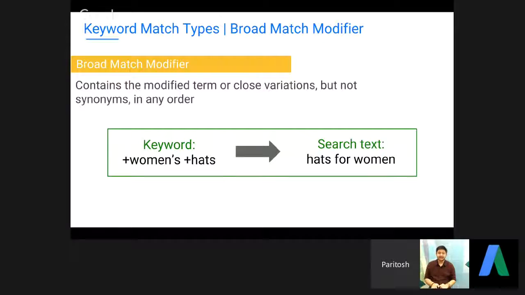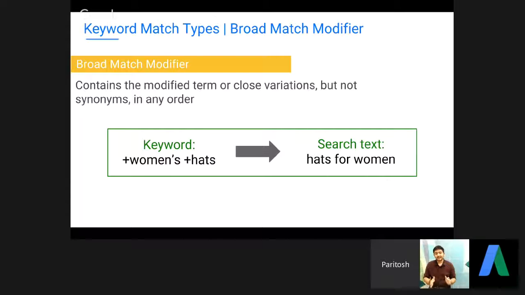Now, how it triggers is, if I have a broad match keyword which says women's hats, the ad will trigger as long as there are things like women's hats or ladies' hats, etc. But in a broad match modifier keyword, any word which has a plus sign before it becomes a mandate for a person to be searching on Google with those words for your ad to show. If you look at the example here right now, the keyword is plus women's space plus hats.